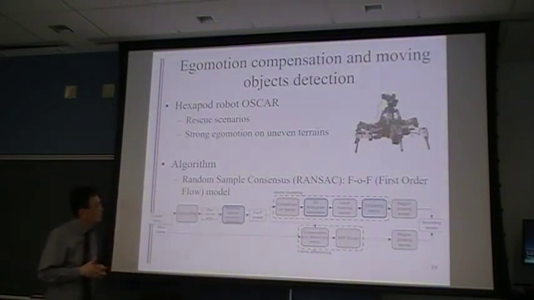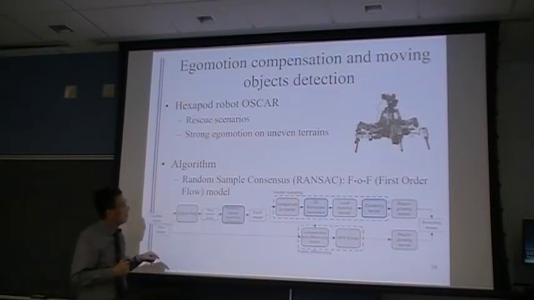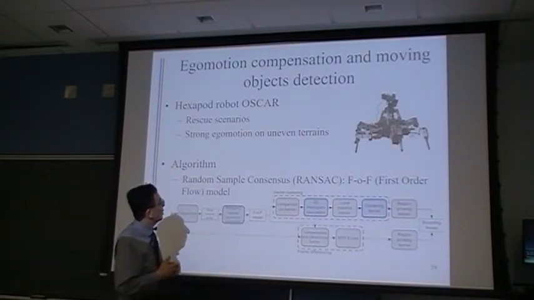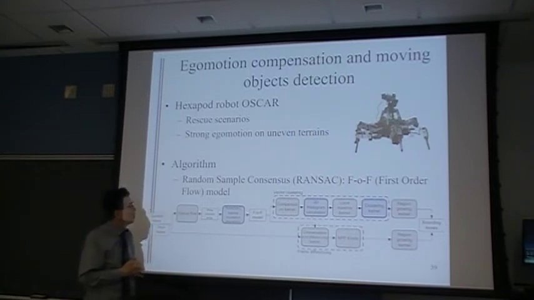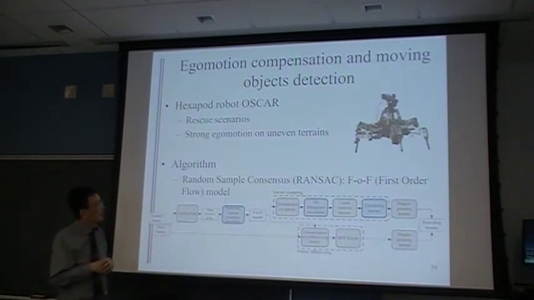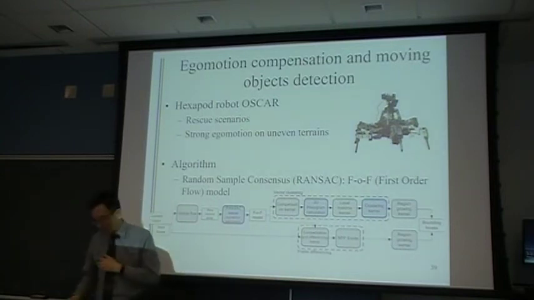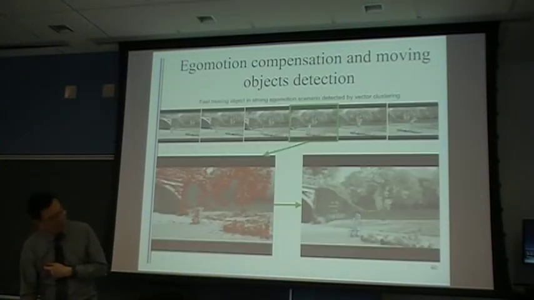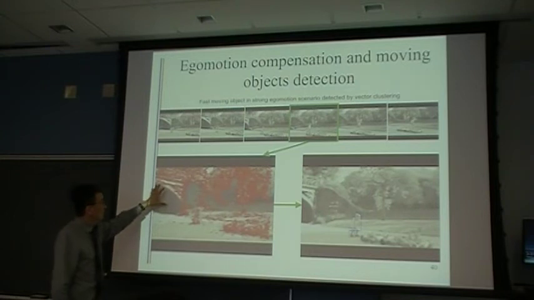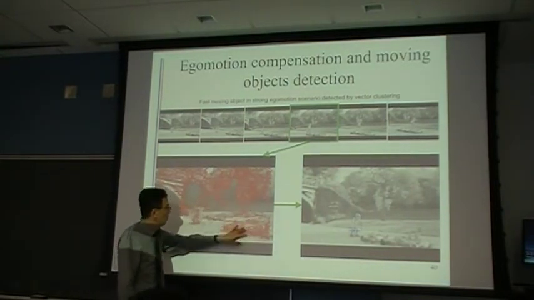The particular method people use for motion compensation, the popular one, is random sample consensus, or RANSAC. So basically what it's doing is this. You have all these potentially moving objects.